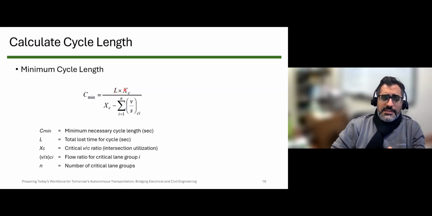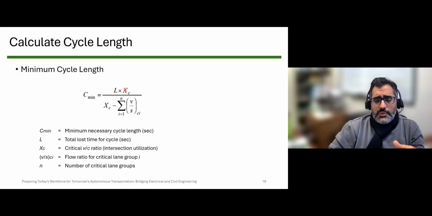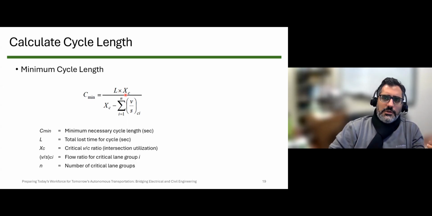Then this is the capacity. This is what we call V over C, volume over capacity ratio, which means for what percentage of capacity we are designing. Are we designing for 100% of the capacity, or do we want to design only for 80% of the intersection capacity? We call it intersection utilization.